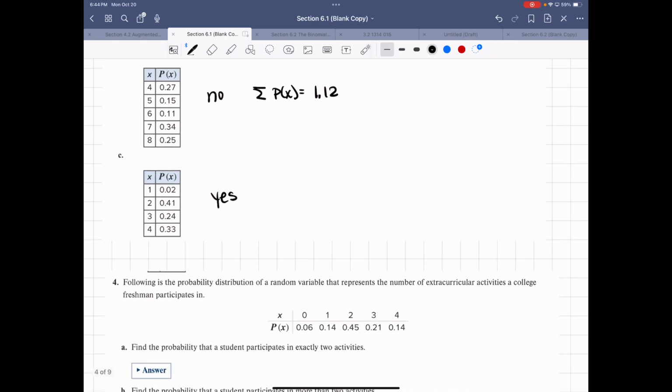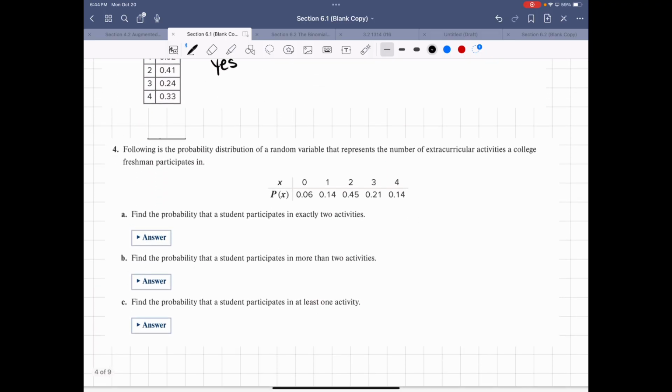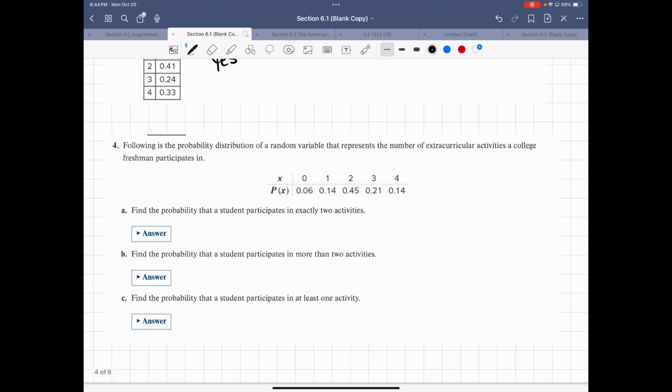Let's look at 4. Following is the probability distribution of a random variable that represents the number of extracurricular activities a college freshman participates in. So let's read the table. The probability that the college freshman participates in 0 extracurricular activities is 0.06, so it's about a 6% chance.